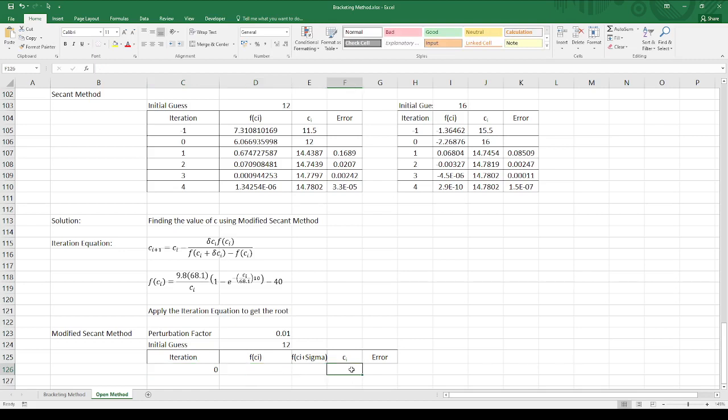Okay. So first iteration, the F of C sub I is equivalent. So our initial value would be 12. Then let's just copy this one. Let's just move the values here. Then same, just copy this. Then we just modify. So C sub I plus sigma, where the perturbation factor is this one.